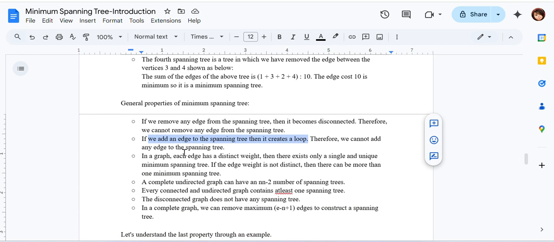In a graph, if each edge has a distinct weight, then there exists only a single, unique spanning tree. If the edge weights are not distinct, then there can be more than one spanning tree. Sometimes the weights will be the same.